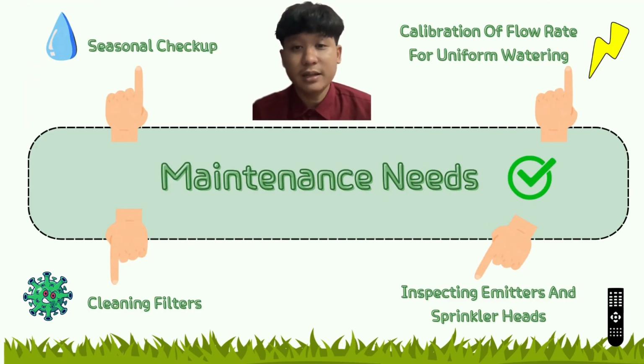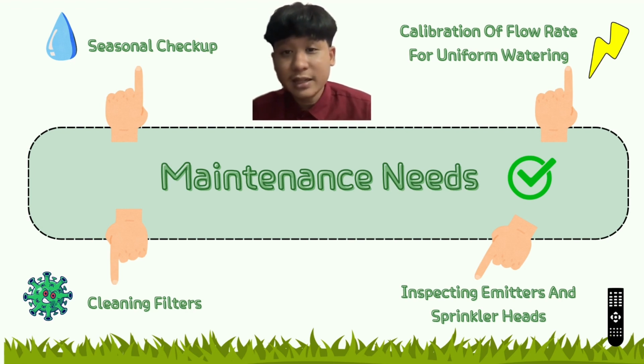Next is maintenance needs. The first maintenance task is cleaning filters. Filters prevent debris, dirt, and organic material from entering the irrigation system, which could cause blockage in the emitters or sprinkler heads. Sand and screen filters are essential to maintain a steady water flow and prevent clogging.